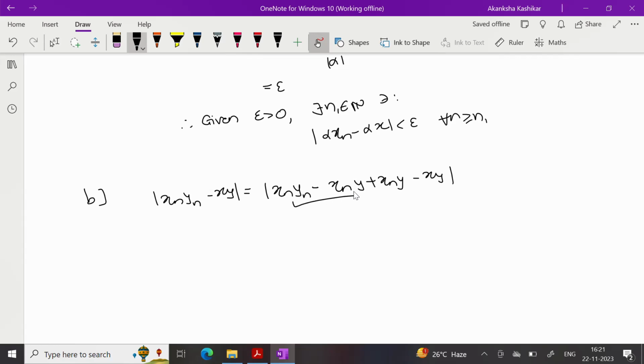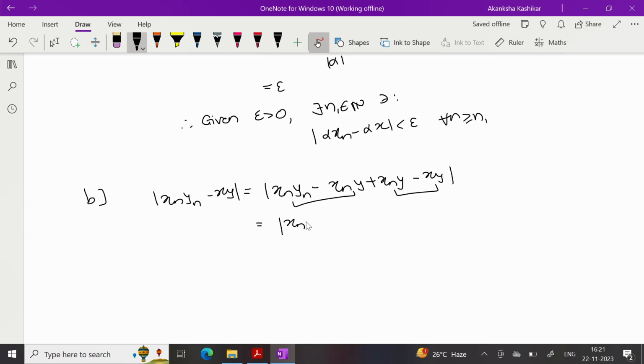Now, from these two terms, if I take xn common, then I'll be left with yn minus y. And from these two terms, if I take y common, then I'll be left with xn minus x. That would bring things into my comfort zone because I know something about xn minus x and yn minus y. So let me rearrange.